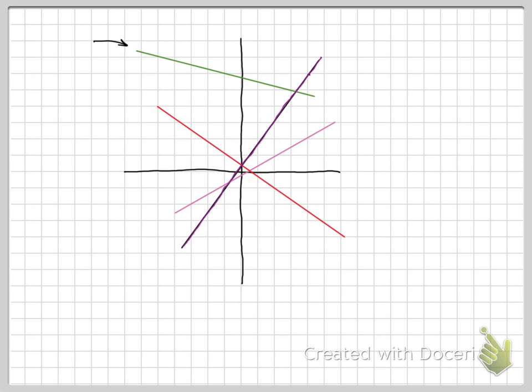So it looks like one of those points is right here, and another one is right here.